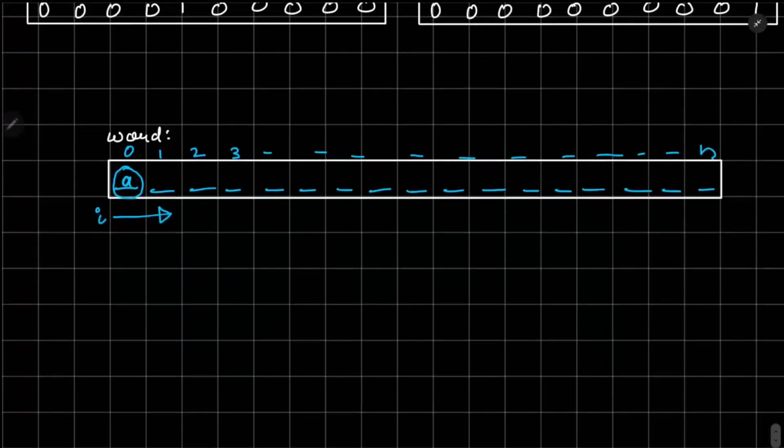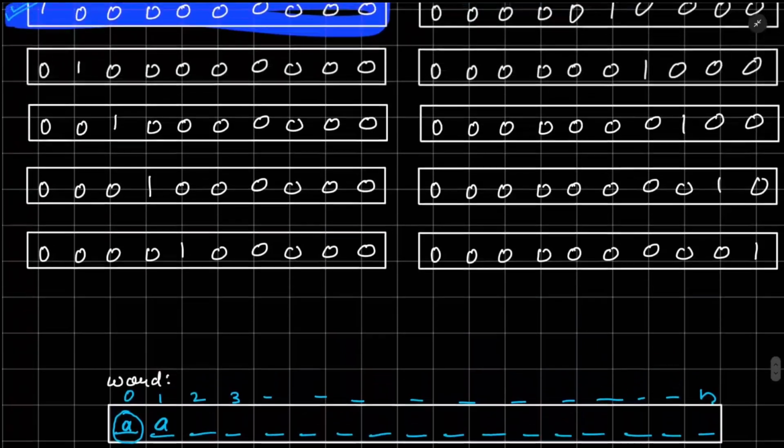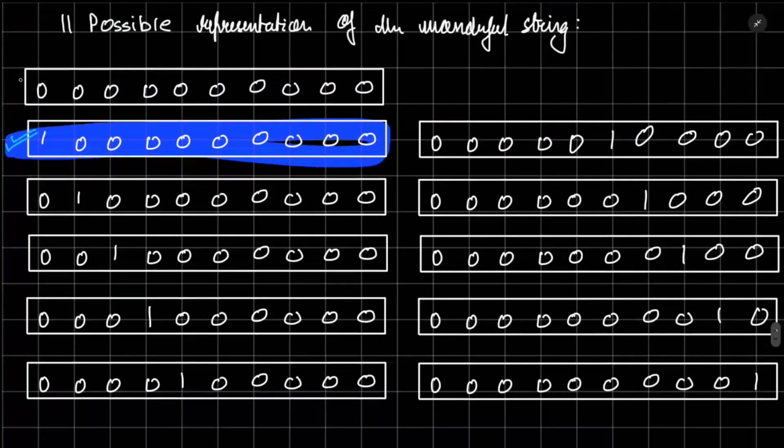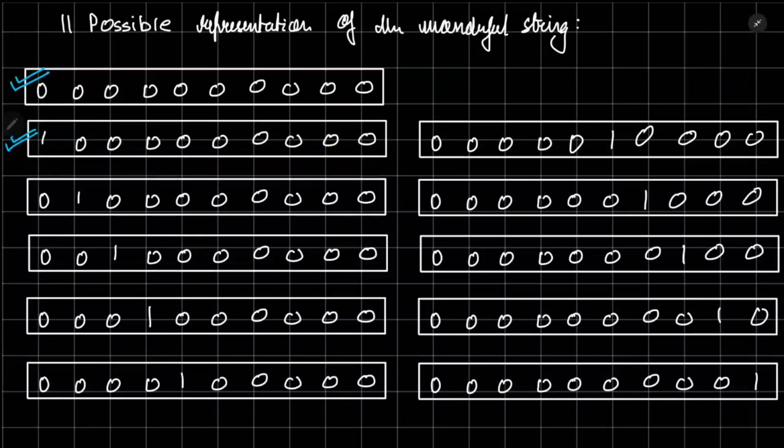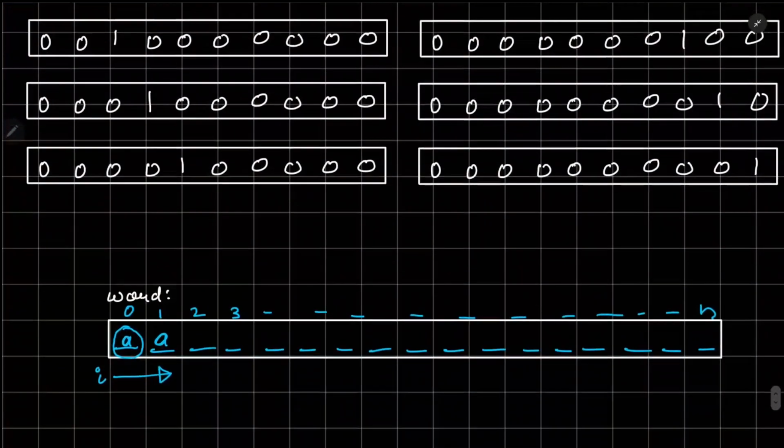Now again we have A. For this A, the frequency of A has become even and the rest are all 0, so all will be 0. So for I equals 1, our representation becomes like this. Let's say this is what we stored for I equals 0, and this is for I equals 1.